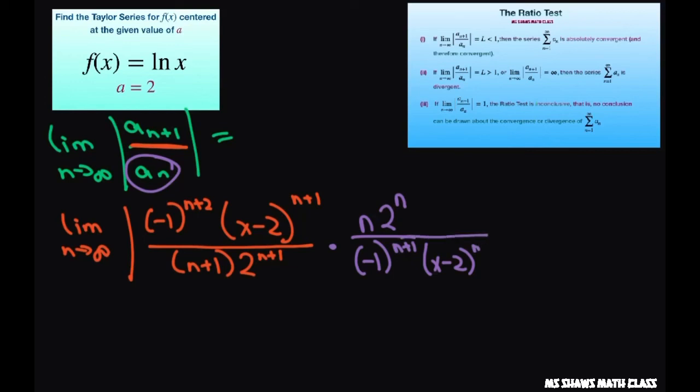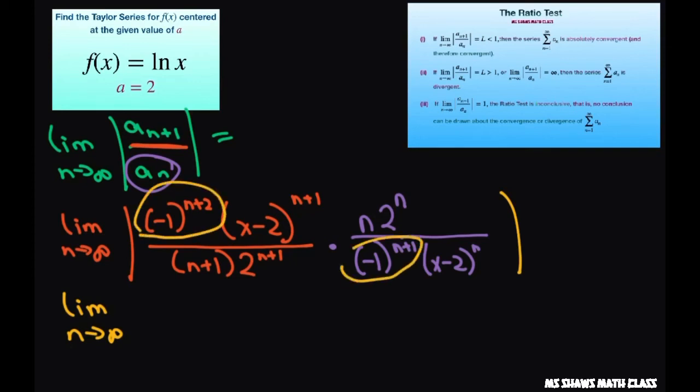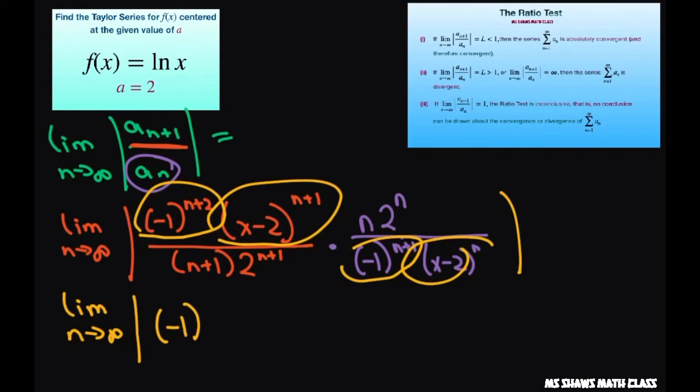Let's reduce all this out, and this is going to give me the limit as n approaches infinity. Looking at my negative 1, that's just going to give me negative 1 because the exponents cancel. So we just have negative 1 to the first power. Looking at this piece, you're going to have n minus n, so that's just going to be x minus 2 to the first power.